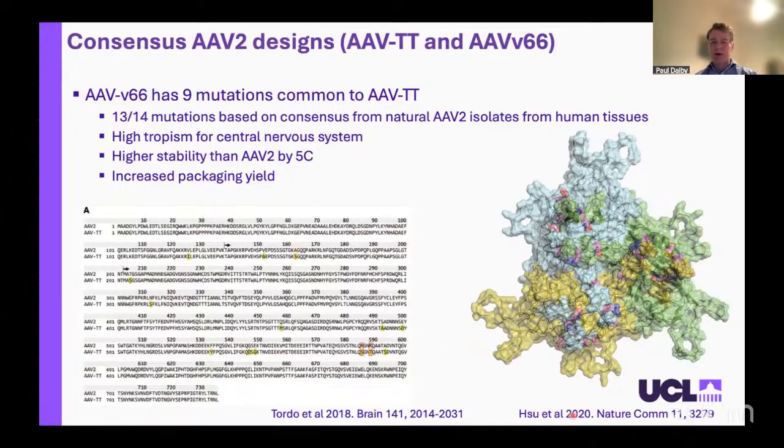A couple of famous papers shown at the bottom here took that approach and came up with AAV2 variants with a fairly similar list of mutations, although there were some slight differences between them, which were then able to modify or improve the tropism towards the nervous system. And some of them actually improve stability, and consensus design approaches are known to do that. That's been around for a long time as an approach, particularly in enzyme engineering, for example.